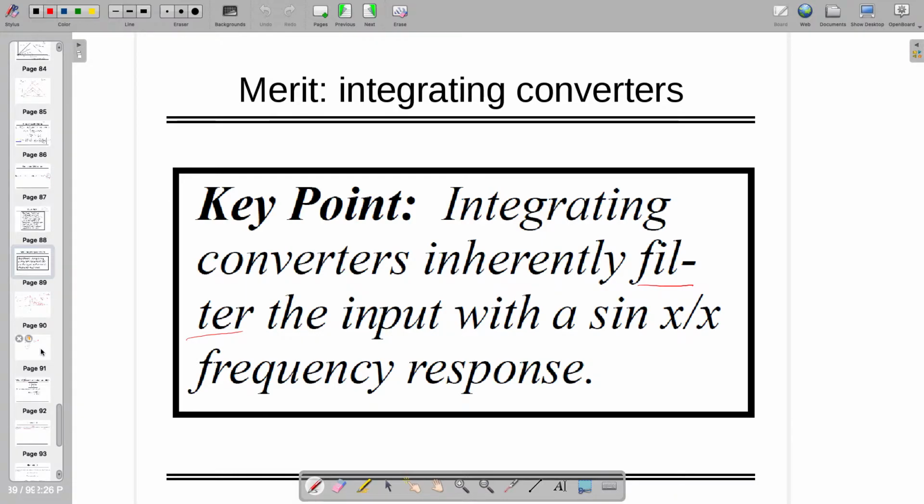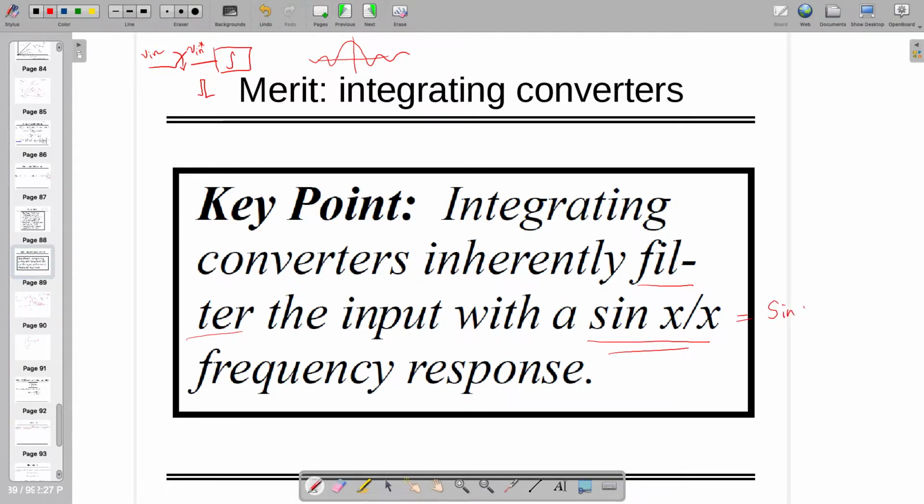On top of this, if your input is not just a DC value, and the sampling is going on, V in is sampled and afterwards you are integrating it. So you are trying to integrate a rectangular signal. In the frequency domain you are going to see something like this, which is known as the sinc function, sin x by x.